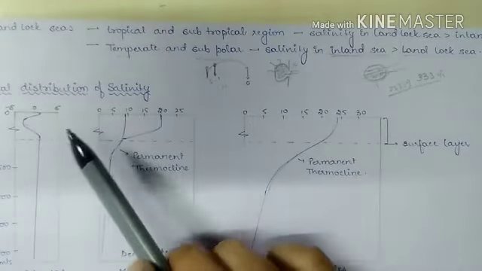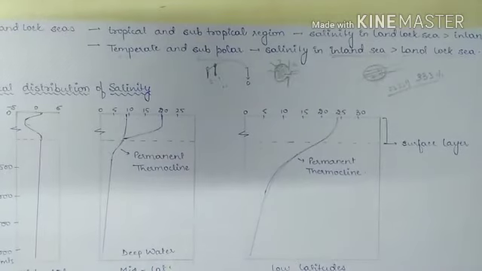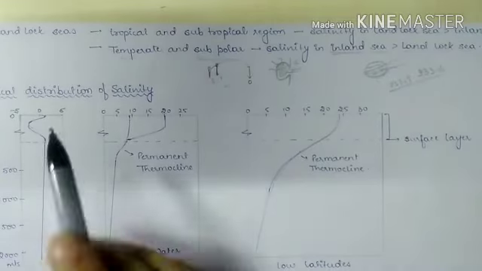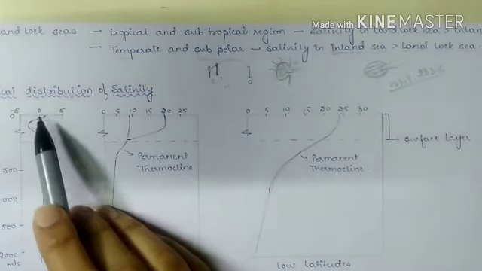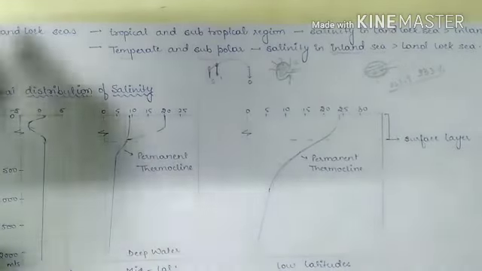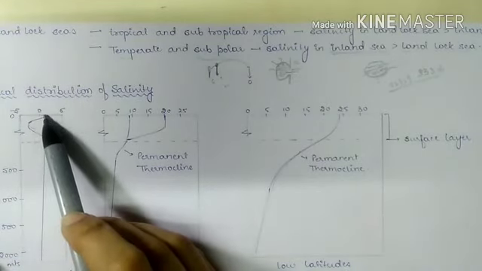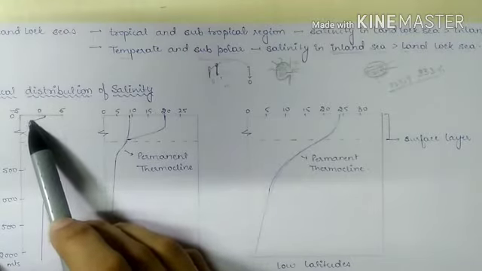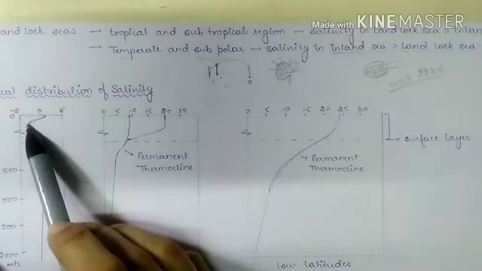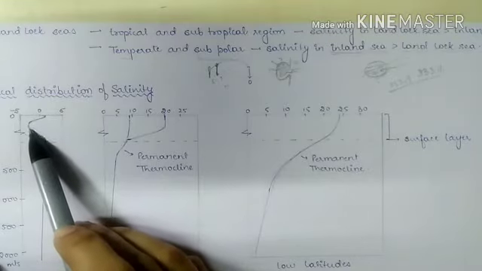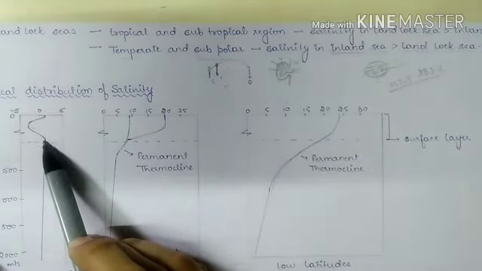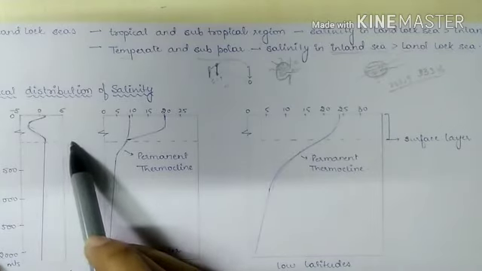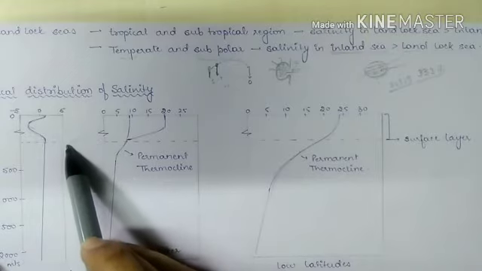Now we will look into the vertical distribution of salinity. At higher latitude, we can see that the salinity will first decrease, then it will increase constantly and steeply till the range of about 250 or 300 meters.